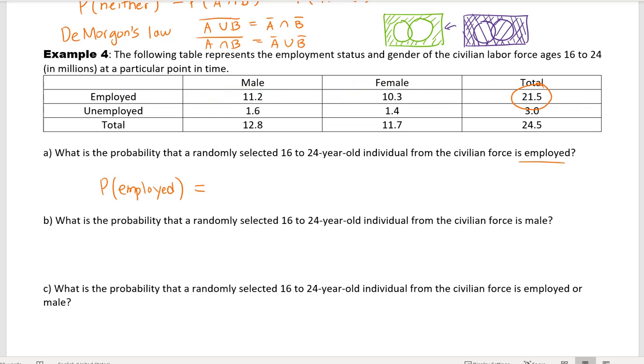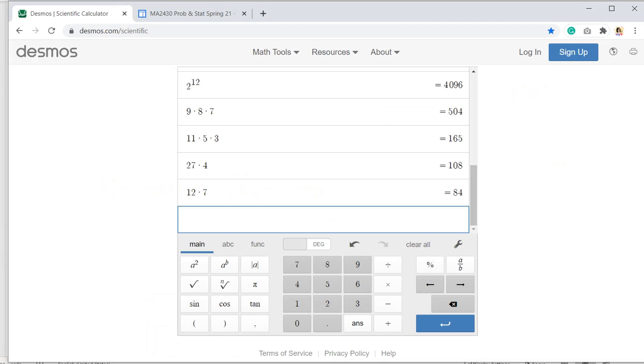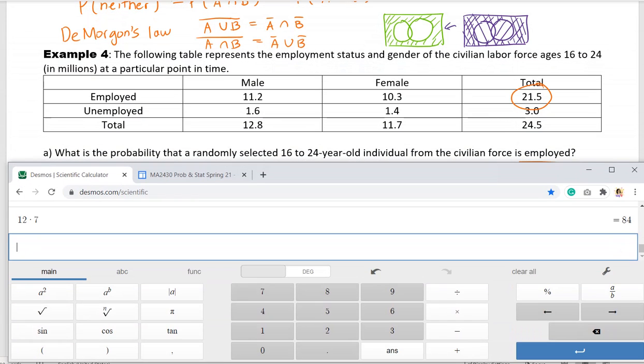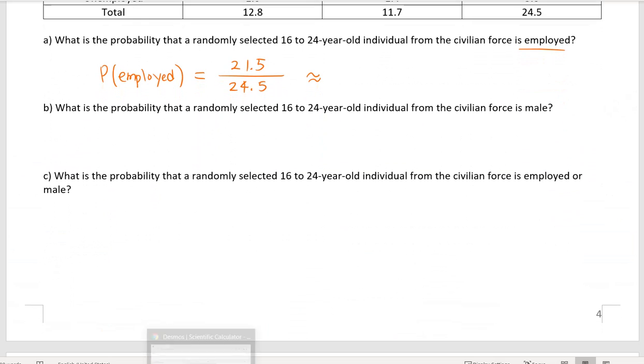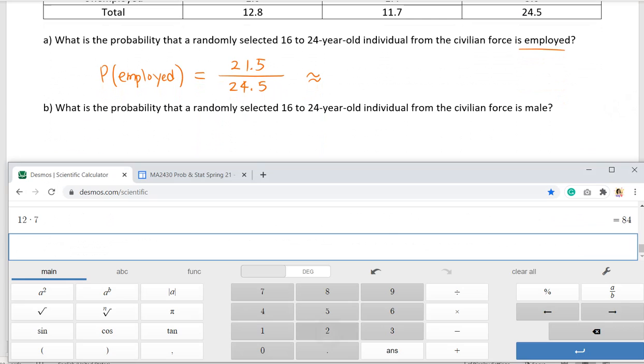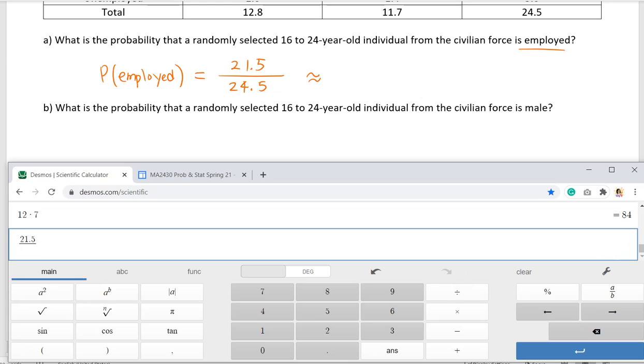The probability is the number of employed over the total. The total is 24.5. So on the calculator, we have 21.5 divided by 24.5.